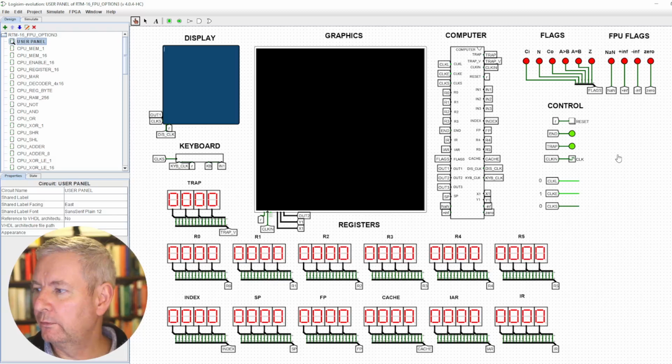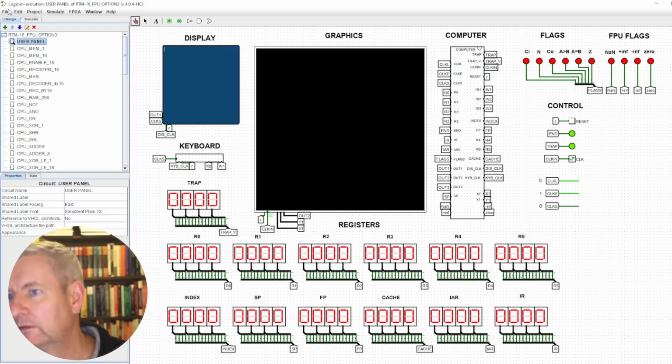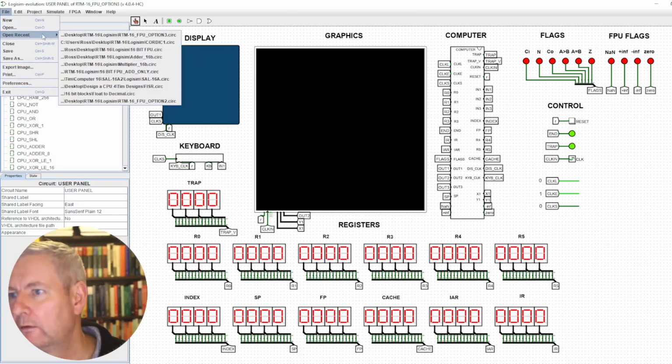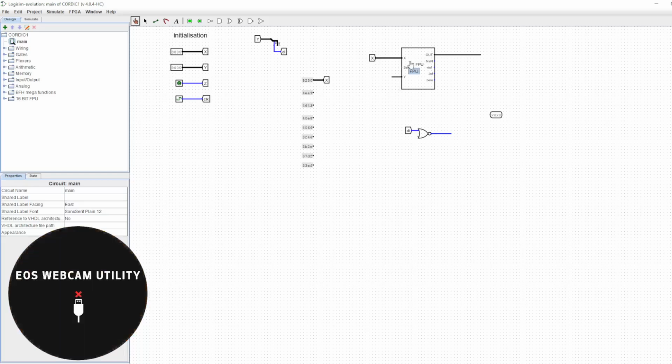So I can only show you a tiny bit of where I've got. Let me just bring this up for the moment. Open CORDIC 1. Okay, so I've not got very far, as you can see. I was just sitting on the floating point unit here, and oh, my image has disappeared, I believe. I've got the floating point unit sitting in here.